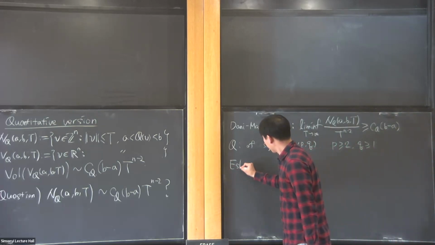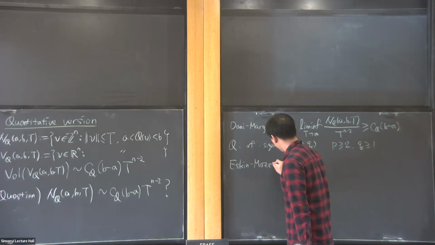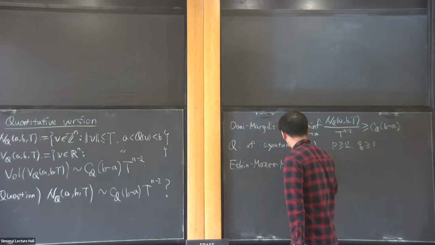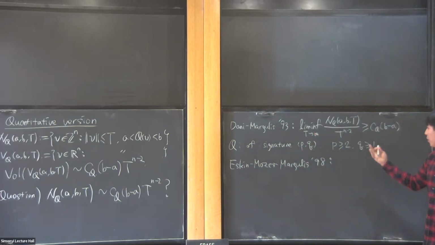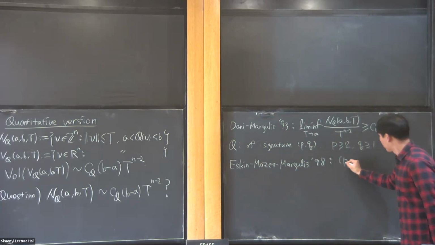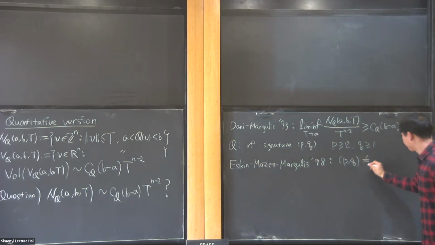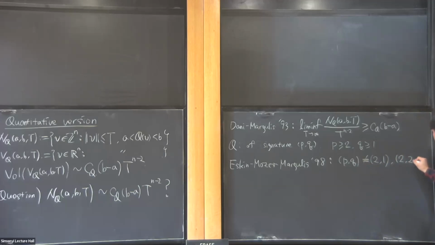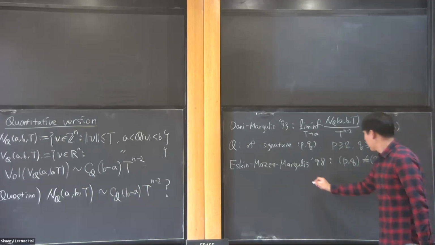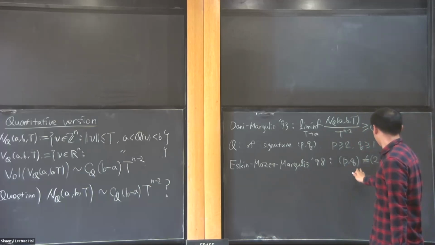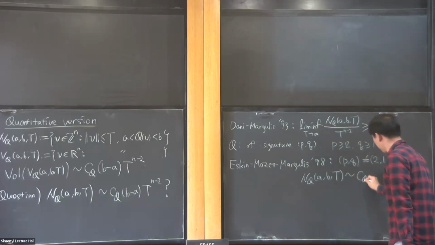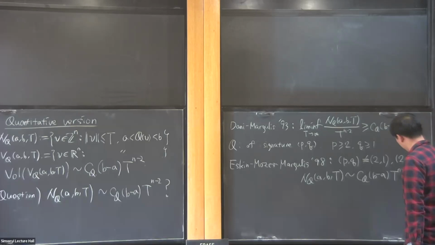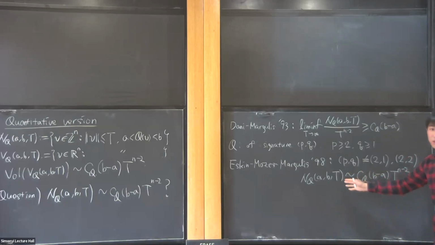For the upper bound, Eskin, Mozes, and Margulis in 98 proved the upper bound for other forms of signature, except for signature 2-1 and 2-2. For such signatures, they proved that the asymptotic of the counting function is as expected.